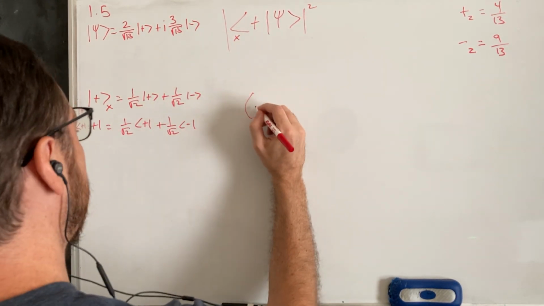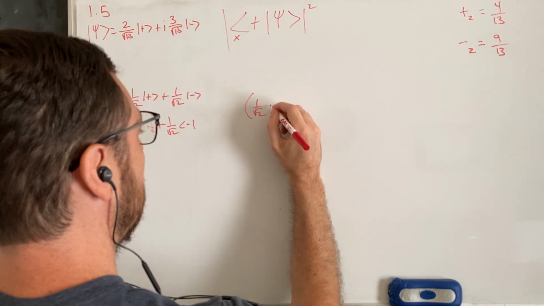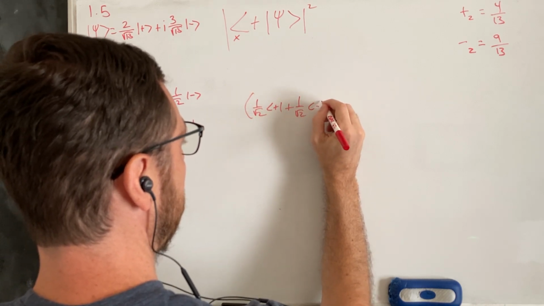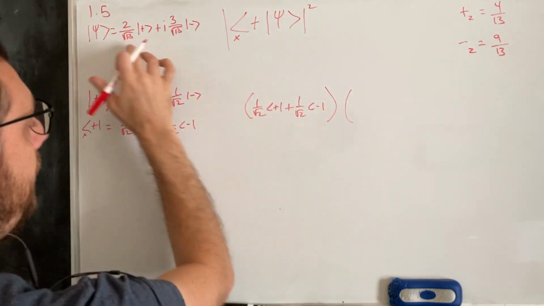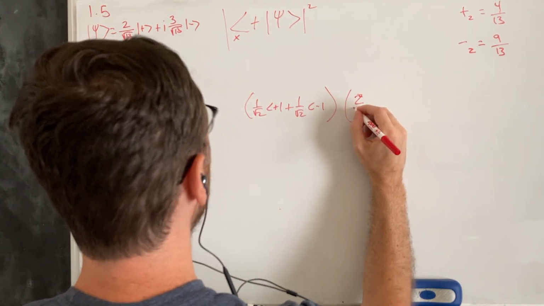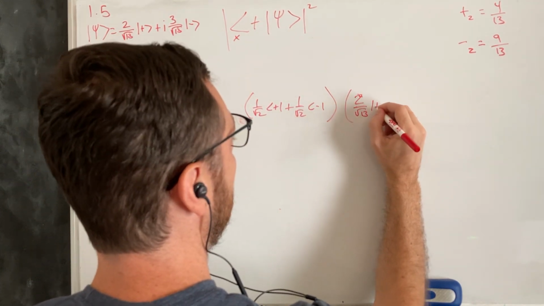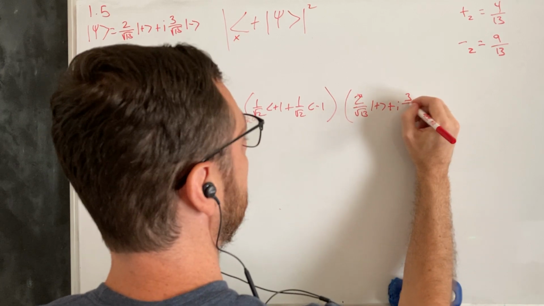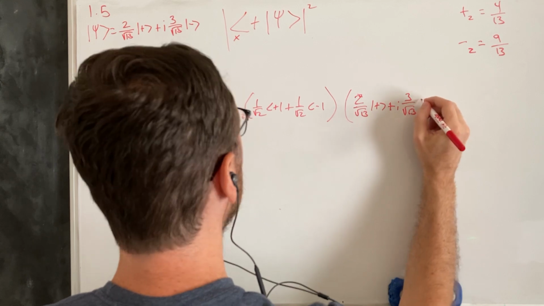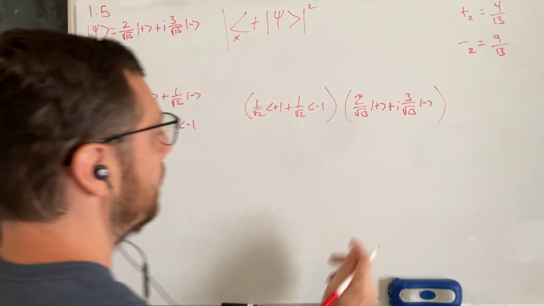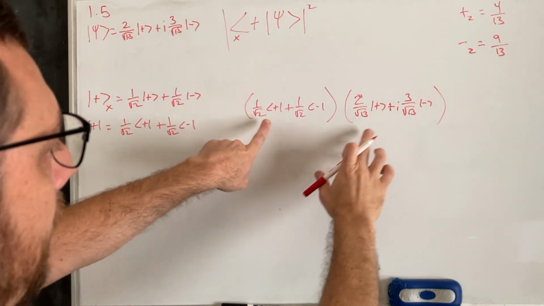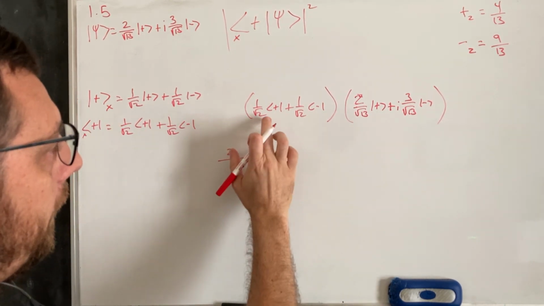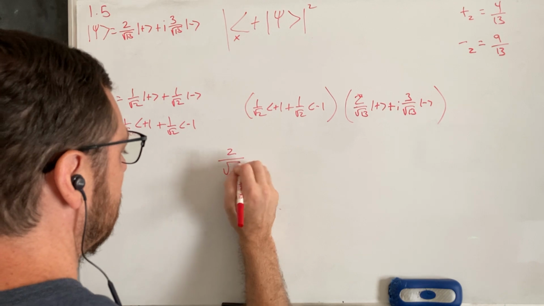So we'll go ahead and write that out: 1 over root 2 up plus 1 over root 2 down, times our state, 2 over root 13 up plus i, 3 over root 13 down. Okay, so we'll go ahead and FOIL this out. So we have an up and an up. We'll keep that. So that's 2 in the numerator, and a 2 and a 13 makes 26, so root 26.